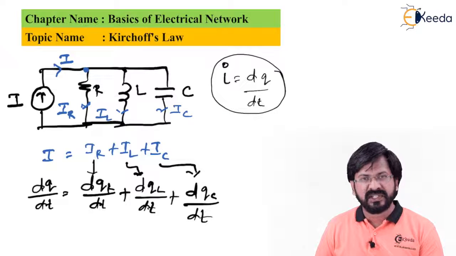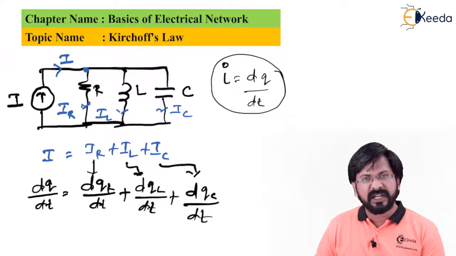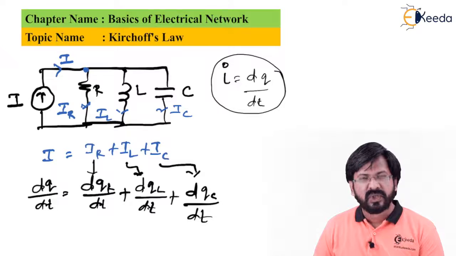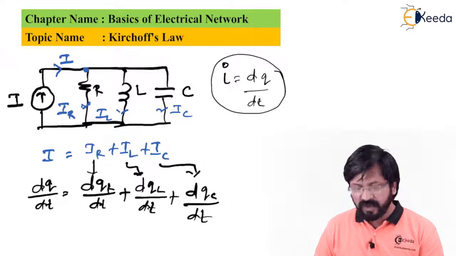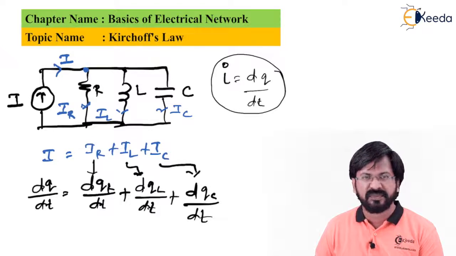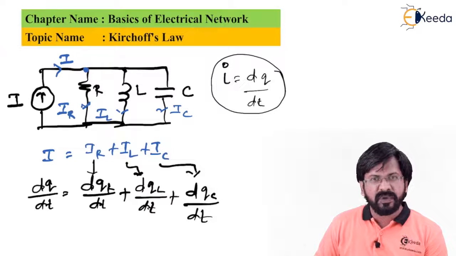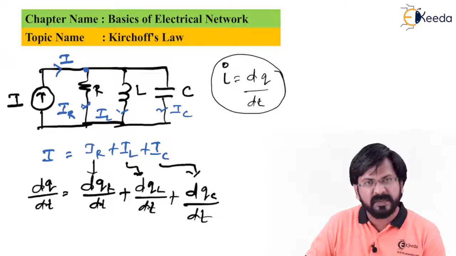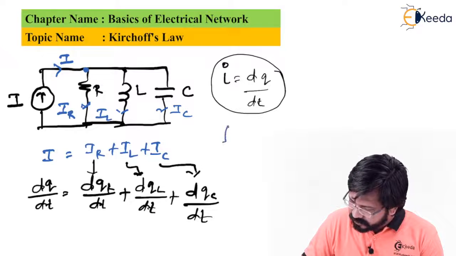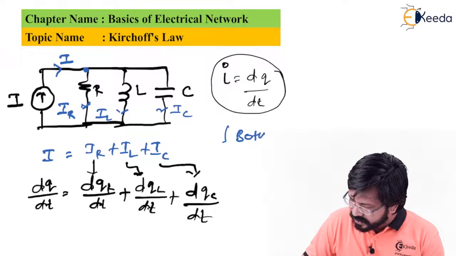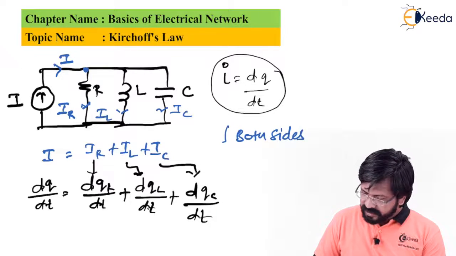As you can see in this equation, there is a derivative on both sides. We remove the derivative from both sides by integration, because integration is the antiderivative. So integrating both sides with respect to time, what do I get?